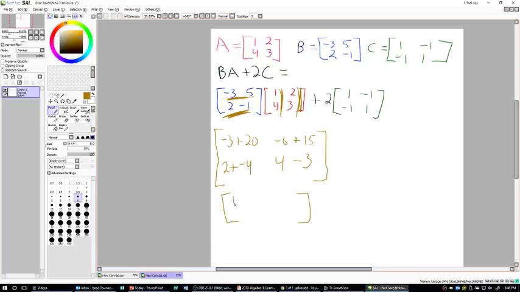Now we still need to go back and do the other part of the equation: plus 2 times this matrix, and it works a lot like distributing. If you want to double this matrix, you double all the elements inside of it.